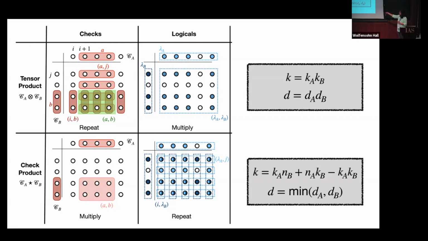These are subsystem symmetries, because now you have this bigger code combining these two sets of bits, but the symmetries of this bigger code just act on these lower dimensional planes inherited from the inputs. This gives you exactly the type of subsystem symmetry that exists in the plaquette Ising model, but in a generalized sense. And the distance of this code is not a product of the distances, but the minimum of whatever dA or dB was.